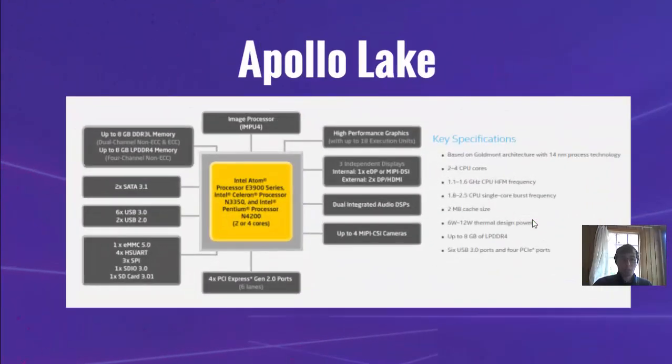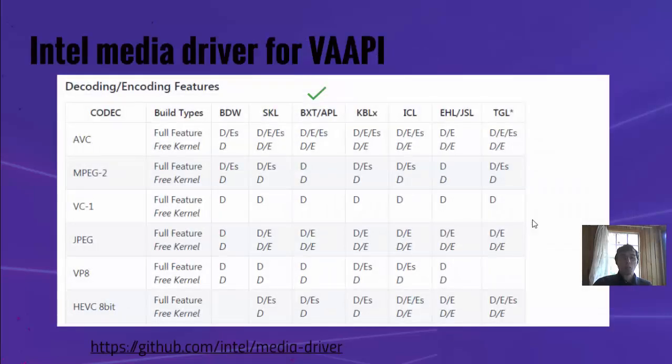If you go deeper into Apollo Lake, how do you look inside and understand, for example, the VAAPI drivers, the media drivers used for Intel Apollo Lake? This is the board, Apollo Lake, Broxton. We can already see H.264, which supports encoder and decoder, and a couple of other codecs.